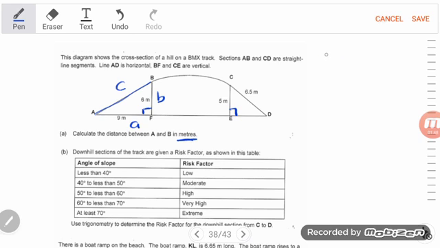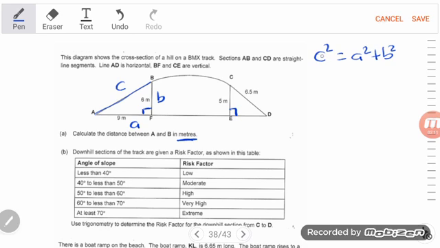So, we have C squared is equal to A squared plus B squared. Feel free to start that off. You don't have to write that in your assessment, but if you're a bit lost on where to go, it's always great to start off with your equation.